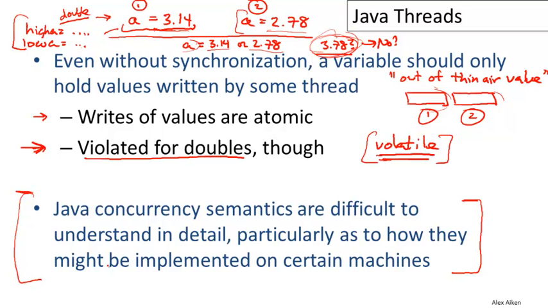And Java was the first mainstream language to have first-class threads in it, and to try to integrate that with all the other modern language features that we like. And so it's not surprising that we've run into some trouble understanding how they're supposed to work in all situations. So this is one area of Java that I would say is still under debate.